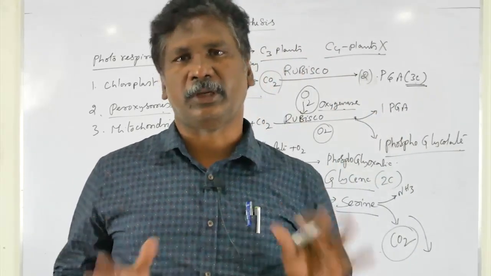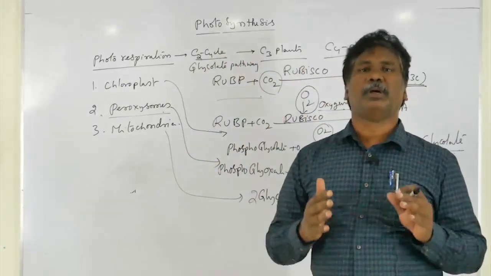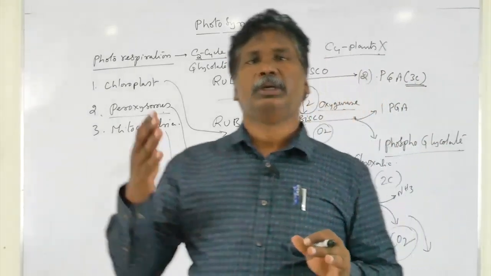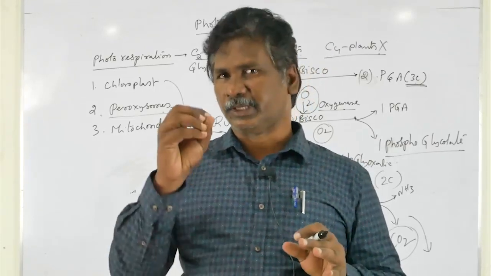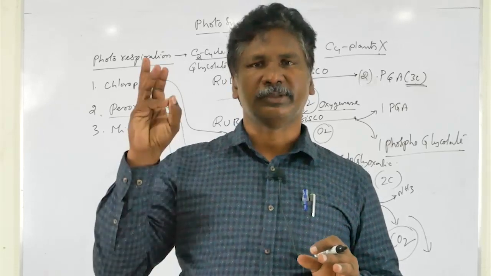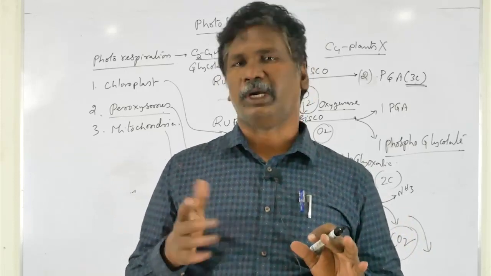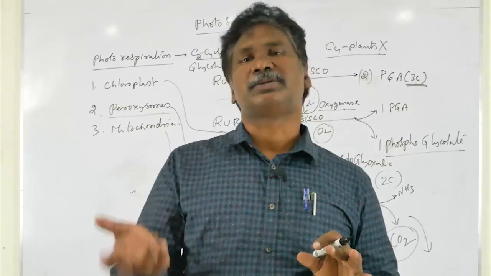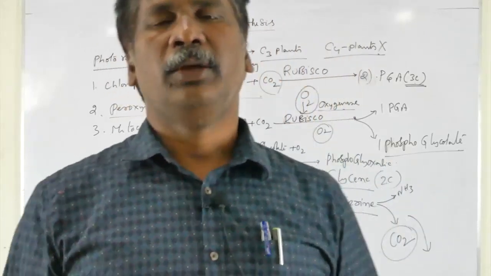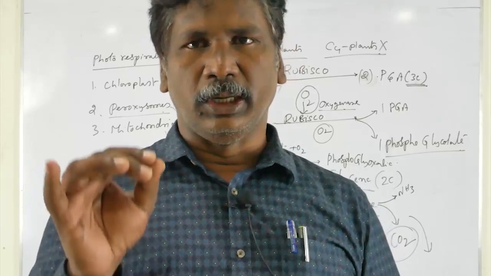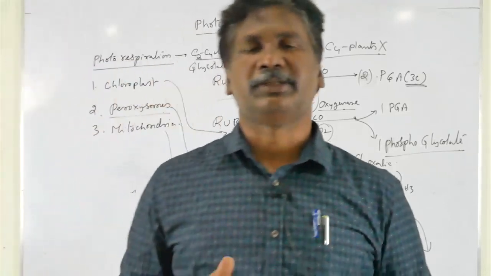The rate of photosynthesis decreases during the glycolate pathway or C2 pathway, also called photorespiration. We say it is one of the wasteful processes that takes place within the C3 cycle, because there is no synthesis of glucose, no production of ATP, no production of NADPH, and it also utilizes ATP for its metabolic activities. That's why it is a wasteful process that takes place only in C3 plants. This type of wasteful process is absent in C4 plants.